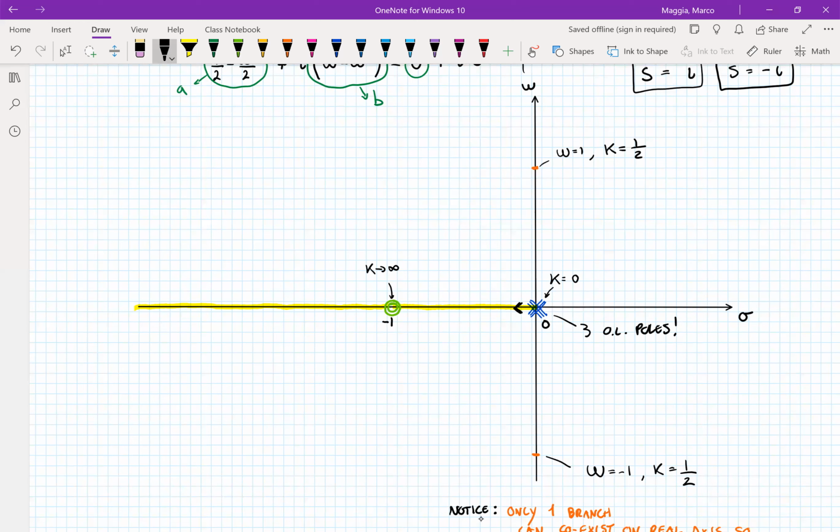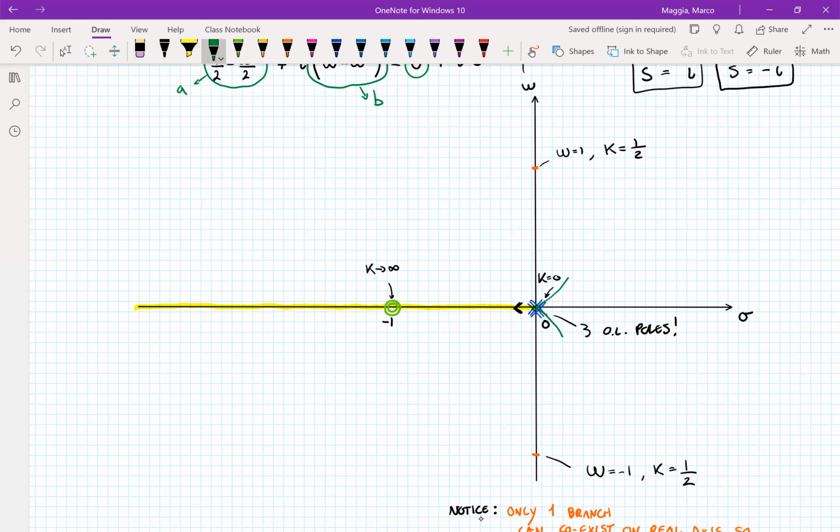So I'm assuming that the origin will be a solution to the breakaway condition, that is dk over ds equals 0. Since they're called breakaway points, they have to break away from the real axis. So they must go away like this.